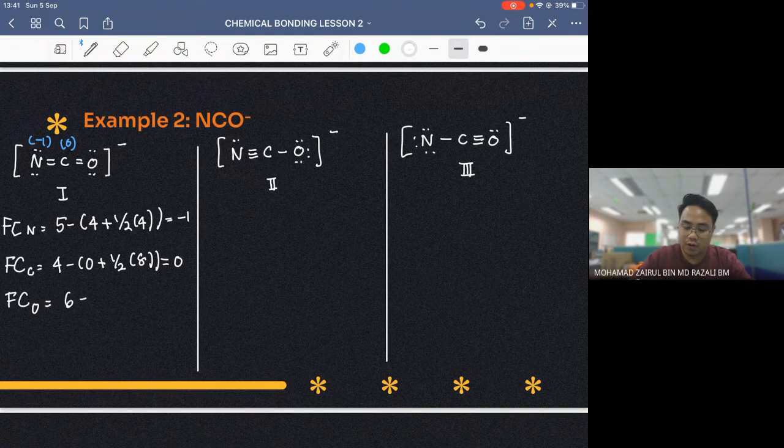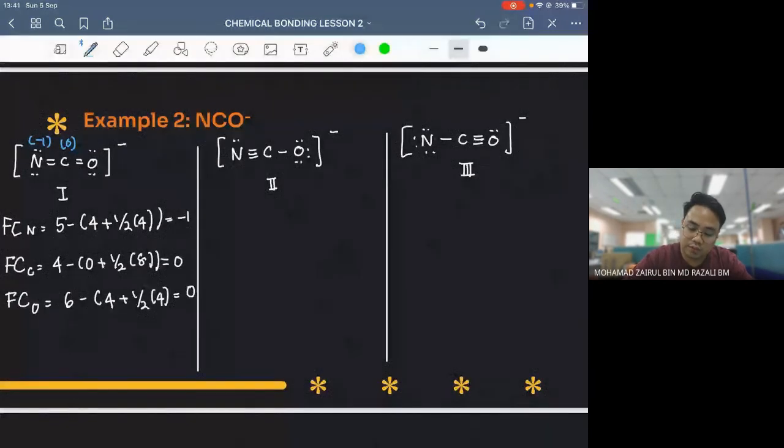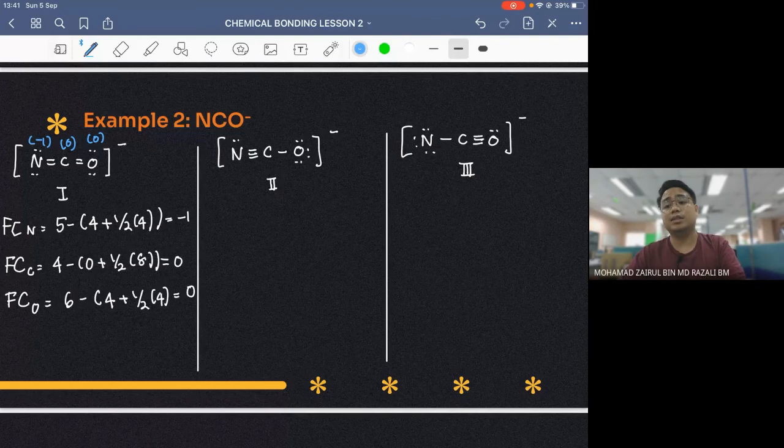There are 4 lone pair electrons plus the bonding pair, which is 4. So 4 plus 2 is 6, equal to 0. So the formal charge is 0. Okay, so after we calculate the formal charge for structure 1, we do the same for structure 2.